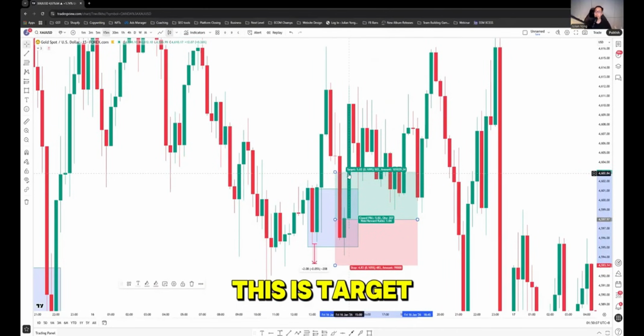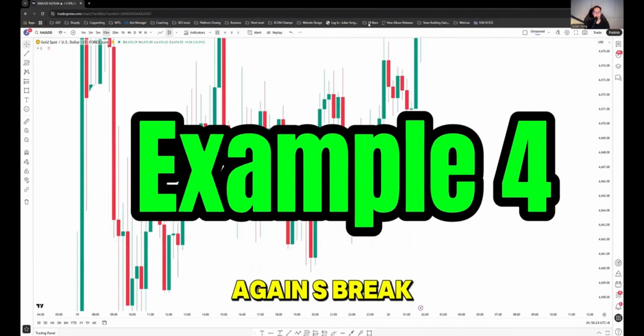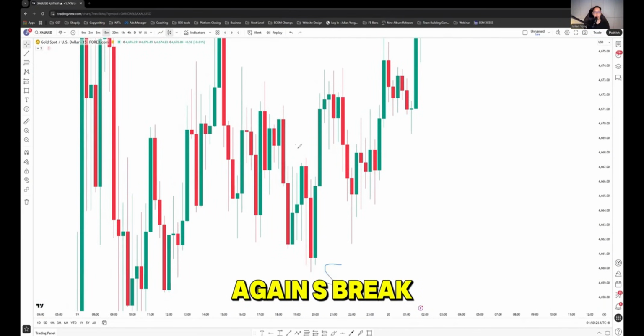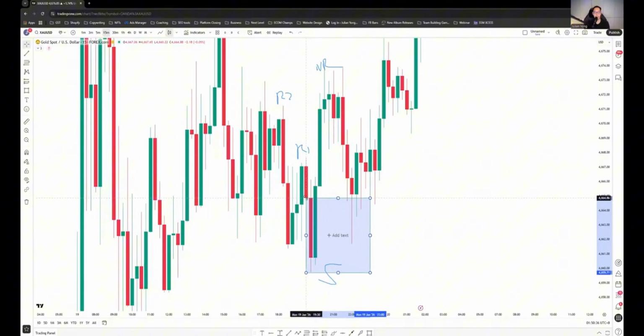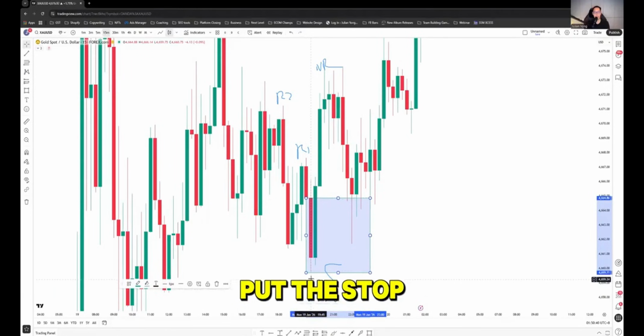This is target hit. Over here, very straightforward one again. S, break R1, break R2. New resistance. Right here, we have a very straightforward entry. So I normally just mark the body all the way to the end of the wick. Put the stop loss 20, 30 pips below this.